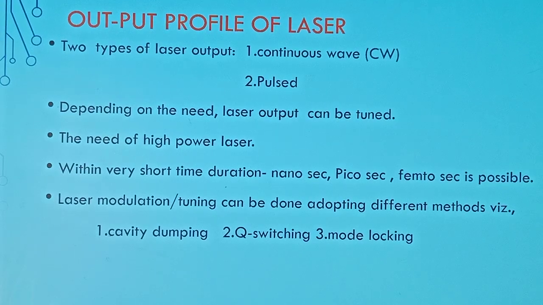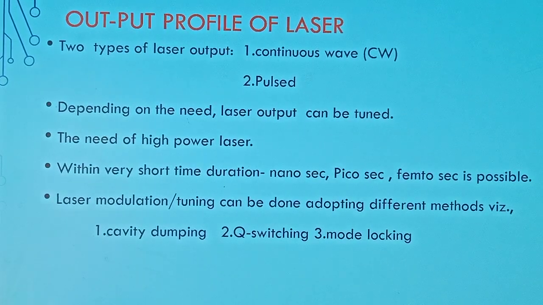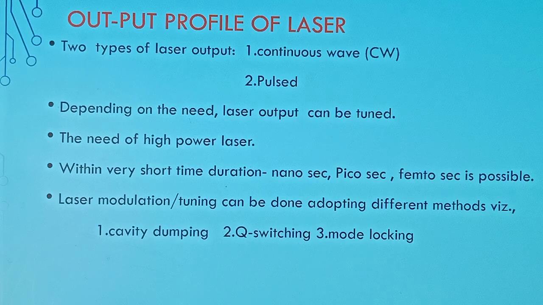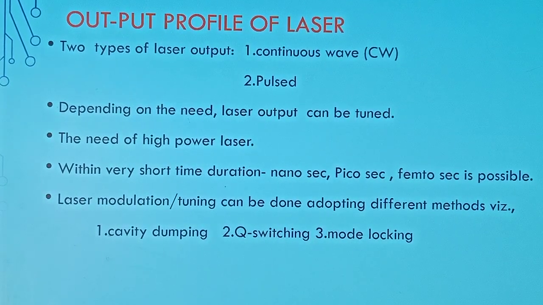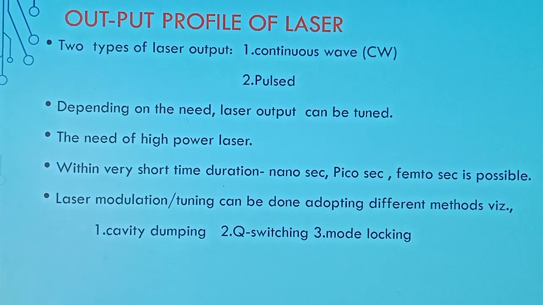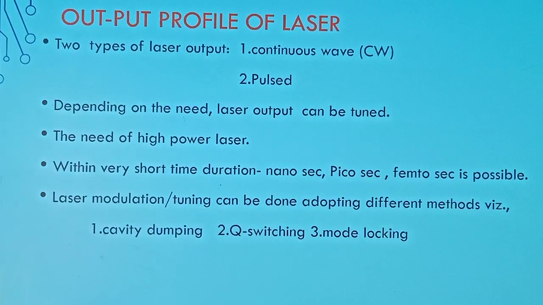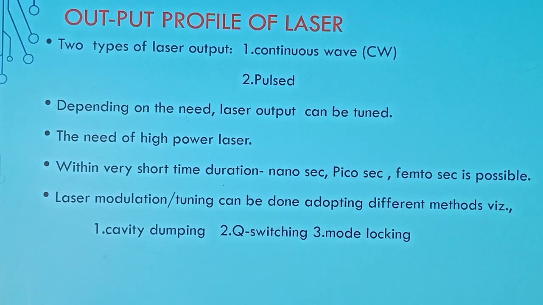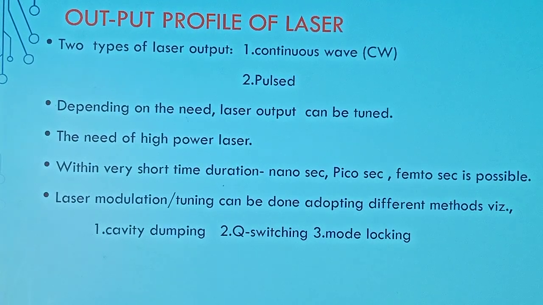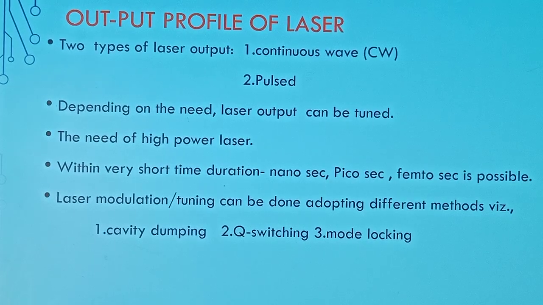For example, the helium neon laser gives us a continuous wave of laser. But in certain other cases, we get pulsed laser. An example for that is the ruby laser. You get a pulse of laser, then there is a gap, again a pulse of laser, and that continues like that.